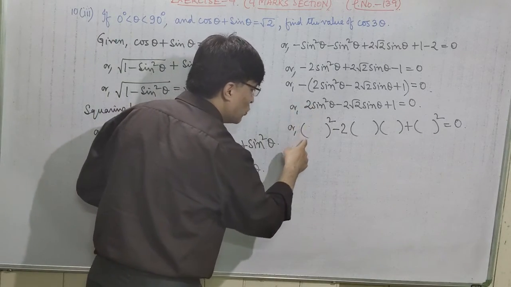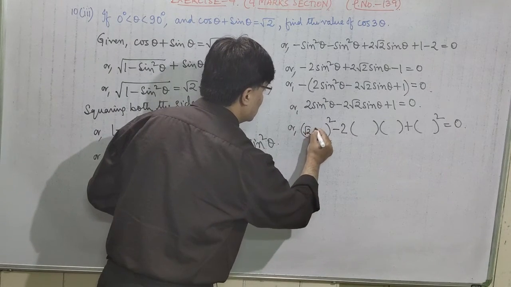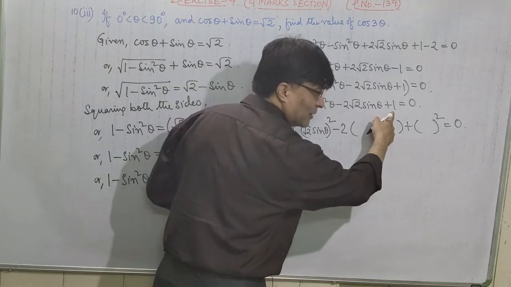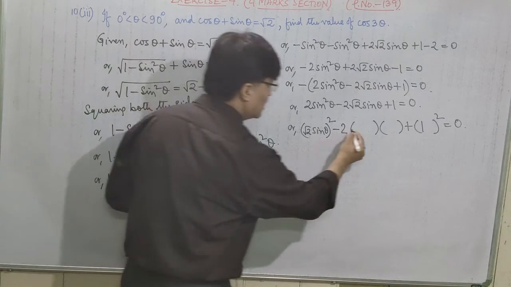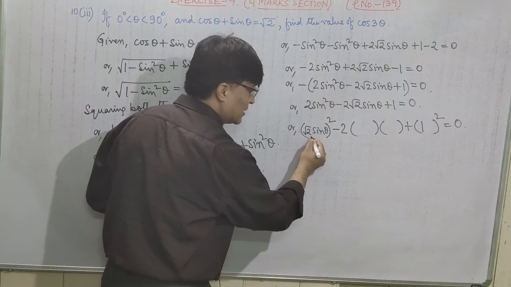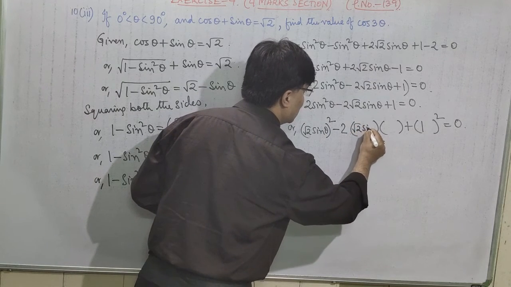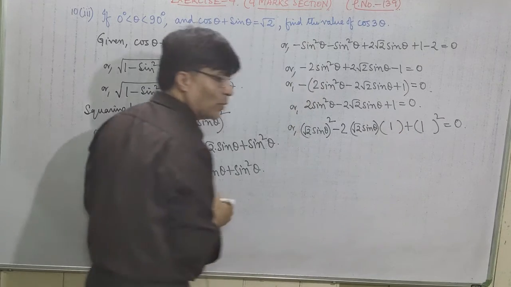When it is kept within whole square, it becomes root 2 sin theta. Here also 1 is there, so within whole square, what will you write? 1. This is the place for a, that is root 2 sin theta, and this is the place for b. b here is 1.